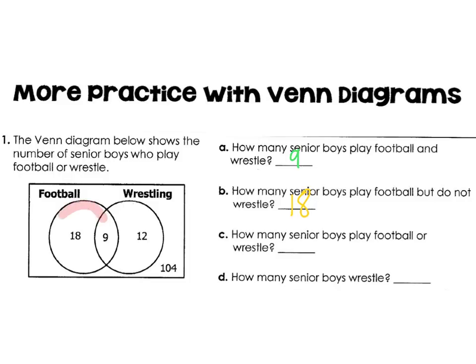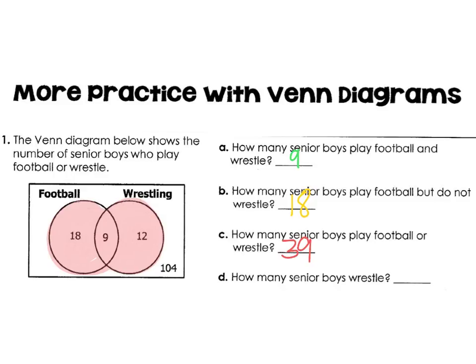So it would include all of this circle and all of this circle because there's 12 boys who wrestle, 18 boys who play football, and 9 boys who play both. So what we would do is we would say 18 plus 9 plus 12 because all of those boys either play football or wrestle or do both. So therefore, 18 plus 9 plus 12 gives us 39 boys who play football or wrestle.